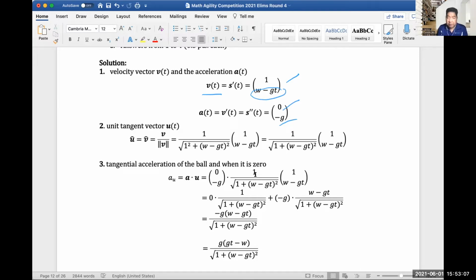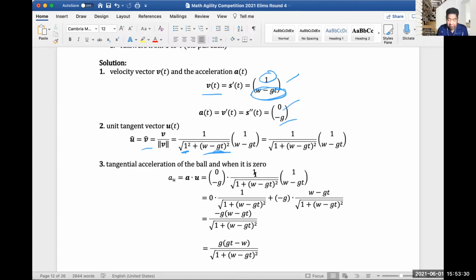Then let's compute the unit tangent vector u(t). The formula is u hat equals v hat, which is v over the magnitude of v. The magnitude of v is simply the square root of 1 squared plus the square of this one here, right?